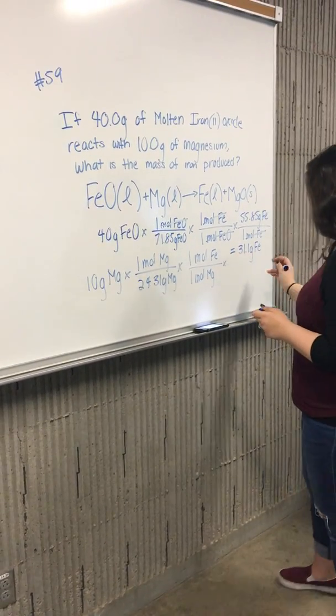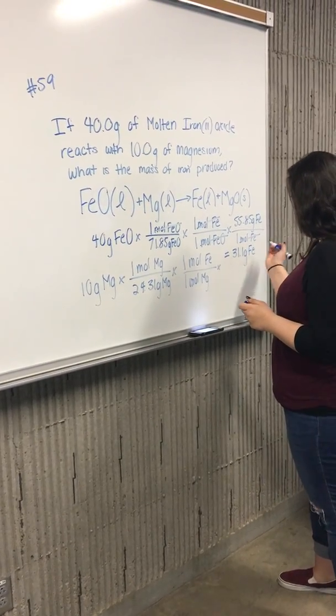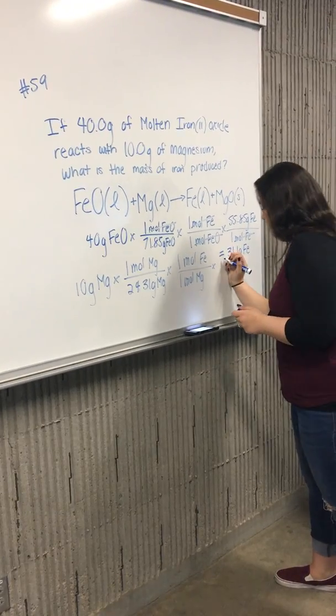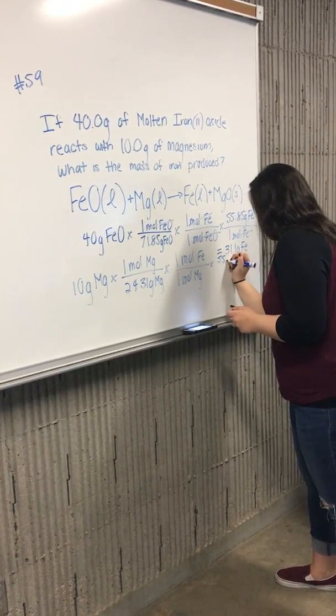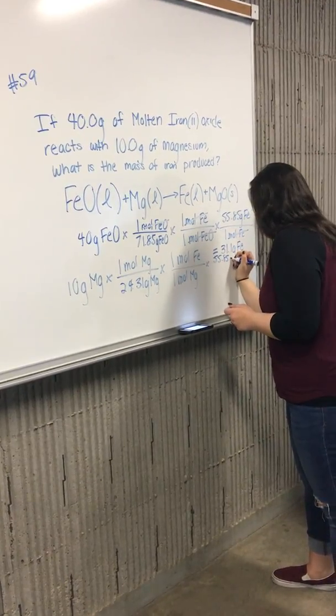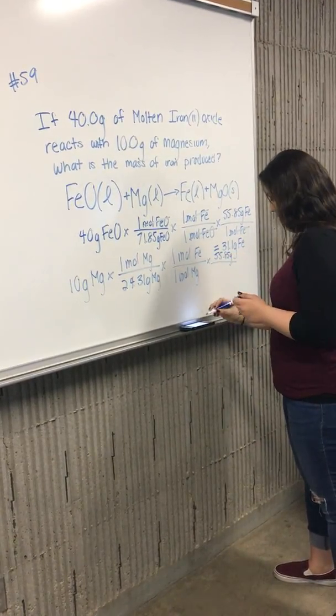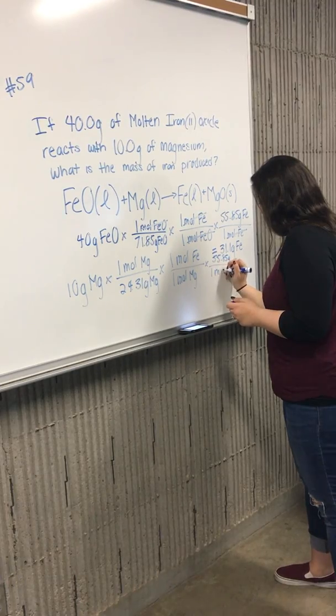and then you want to take your grams of iron, since that's what you're trying to figure out how much you have left, over your 1 mole of iron.